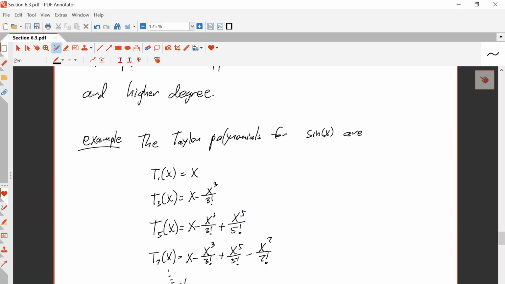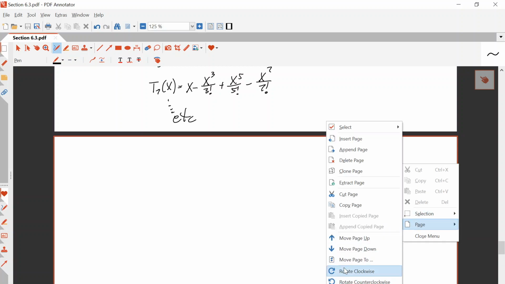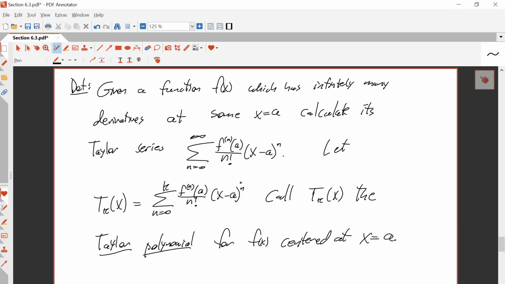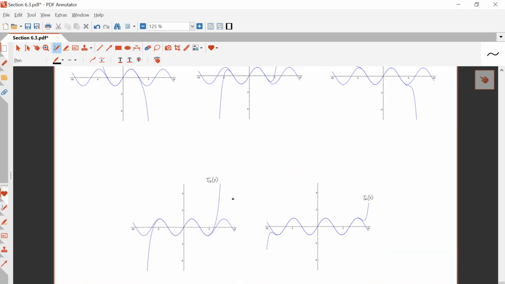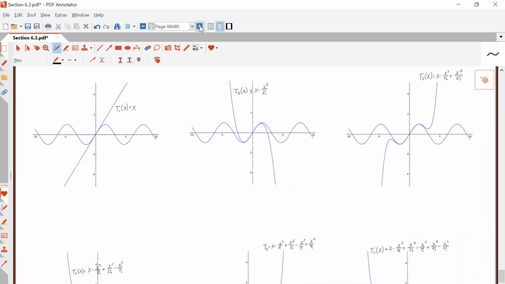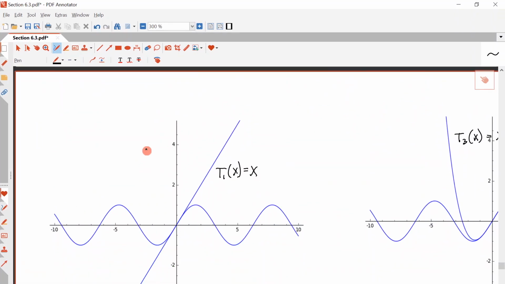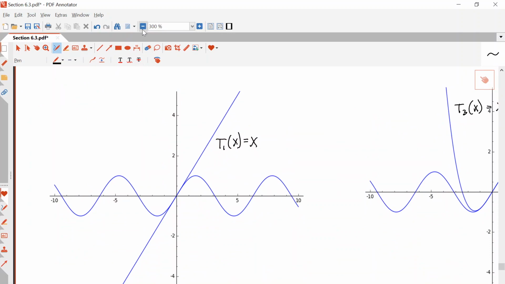Now, check out this series of graphs here. I did some graphing with Sage and made these little infographics for you.